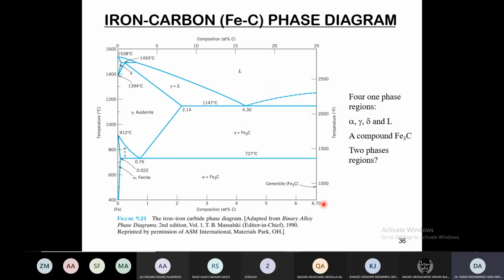Well, first of all, we are concerned with the ferrous alloys, the steels here. We're not concerned with higher carbon content. And the cast irons form at nearly 4 to 4.5% carbon only. So this is the maximum amount of carbon that we normally add.